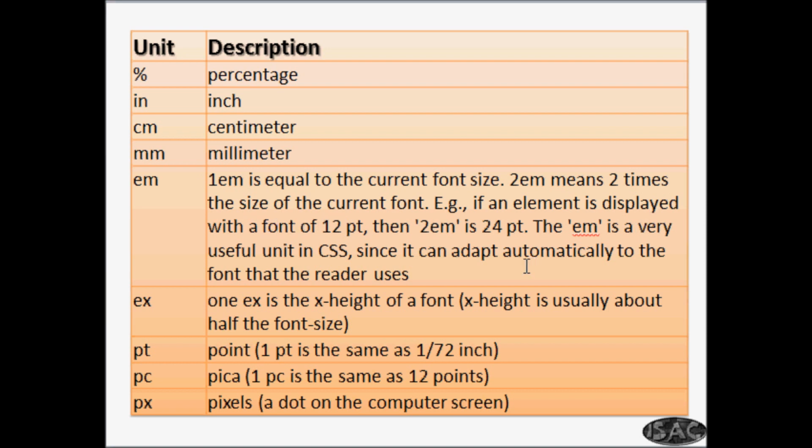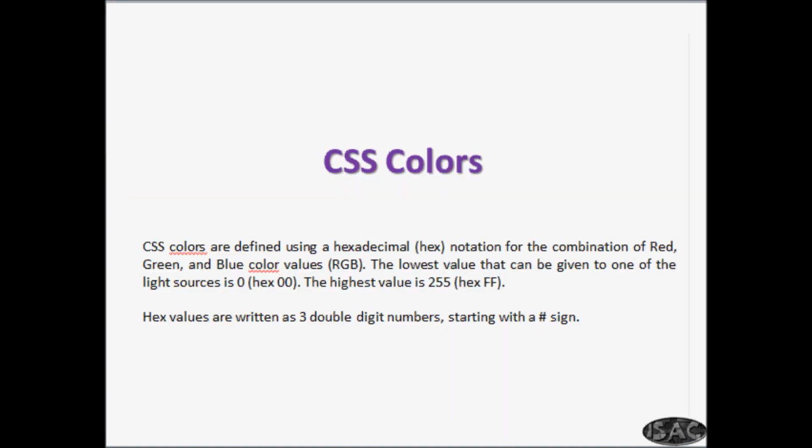Generally 1 em is 16 pixels. Ex is the x-height. pt, 1 point, is 1 by 72 inch. 1 pc is a pica, equal to 12 points. If you say 1 pixel, it's a dot on a computer screen, right?